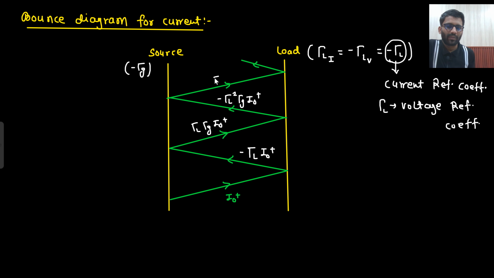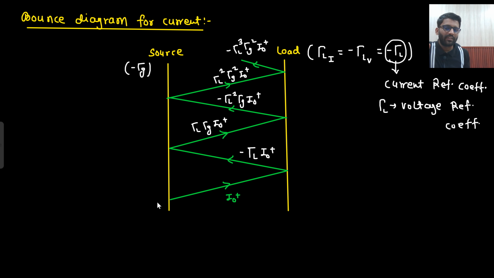Again multiplied with gamma G, so gamma L square, gamma G square, I naught plus. Then again multiplied with gamma L, so this will be minus gamma L cube, gamma G square, I naught plus. In that manner reflections will keep on going. Is that clear to you? Why am I putting the negative sign? Because gamma L and gamma G are the voltage reflection coefficients, but for the current reflection coefficient we need to put a negative sign. We will solve the problem and it will be more clear to you. Do not worry about that.